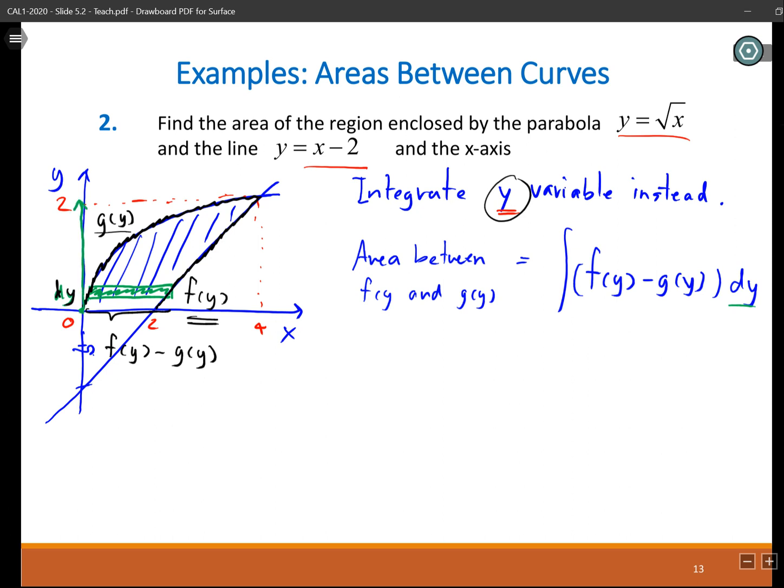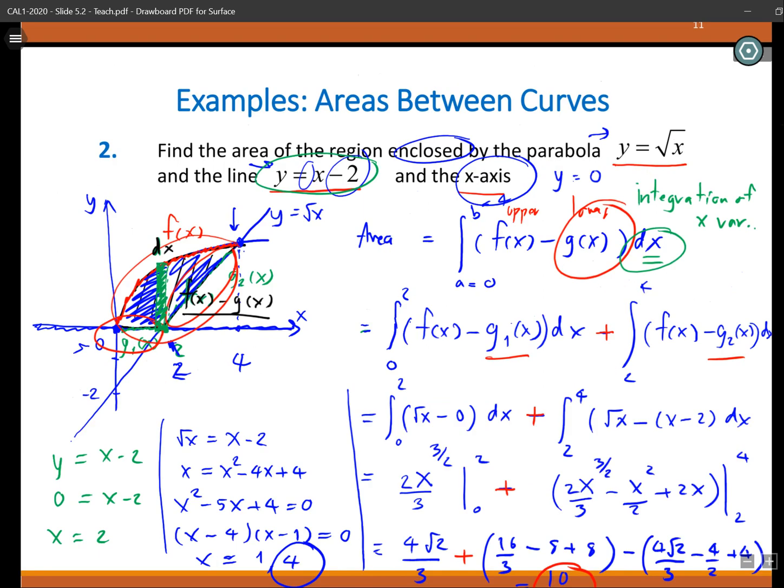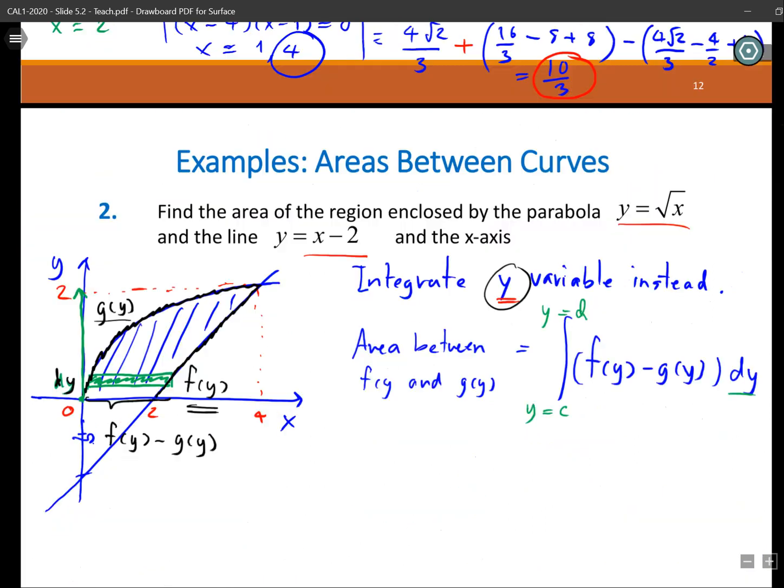So here we have the starting point for the y variable, c, and it ends at d. Make a note that c right here is a y value and d right here is a y value, different from what we did before. a and b there were x values. Now we work on the y variable.